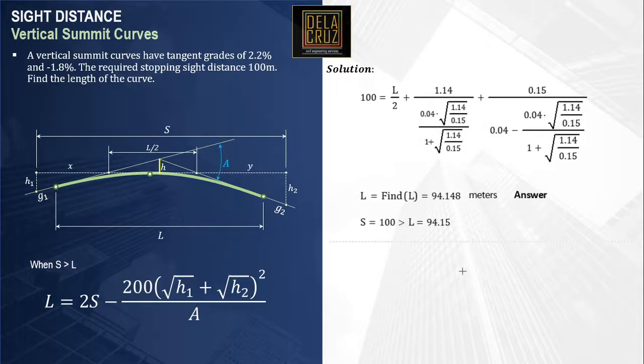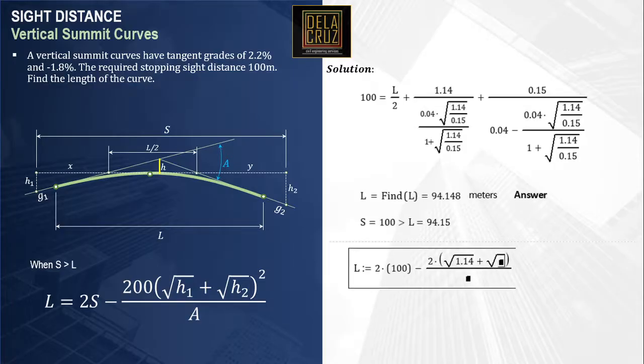Using that formula, we can have L is equal to twice S, 100 meters, minus. Again, this is 200 if we take A as percent, so I'll just have this one as 2 because I take A as decimal. Square root of 1.14 plus the square root of 0.15, squared, divided by 0.04.